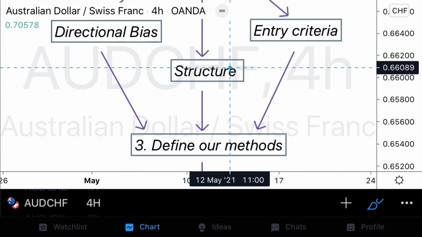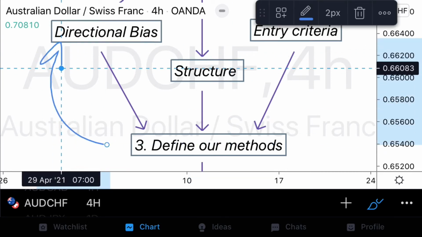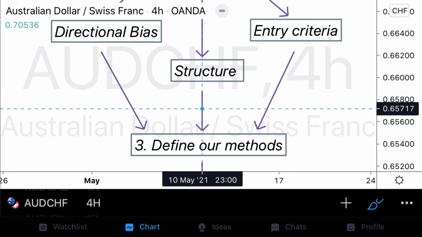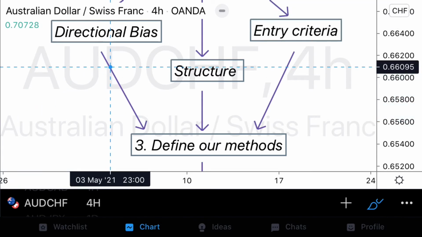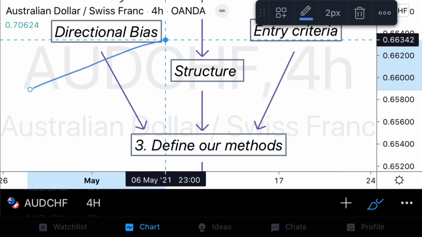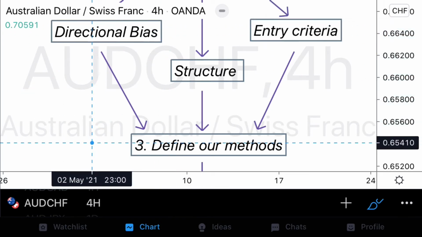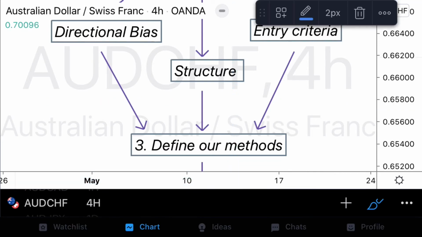Because I am a swing trader, or I love to call myself a swing trader, I use my H4 for my directional bias. I would then use maybe my H1s for my structure, which I would then use to start drawing out my trend lines, whether I have support trend lines, resistance trend lines, marking out some sort of ascending structure, or whether I have horizontal support or horizontal resistance.